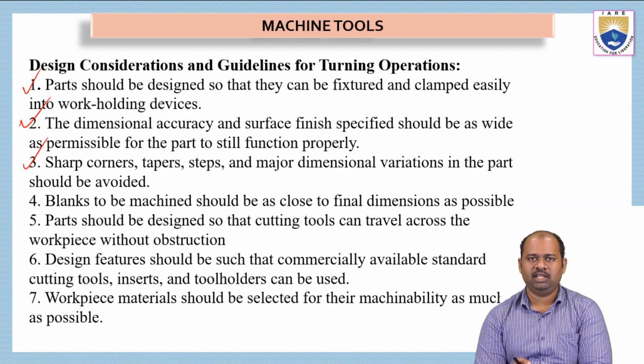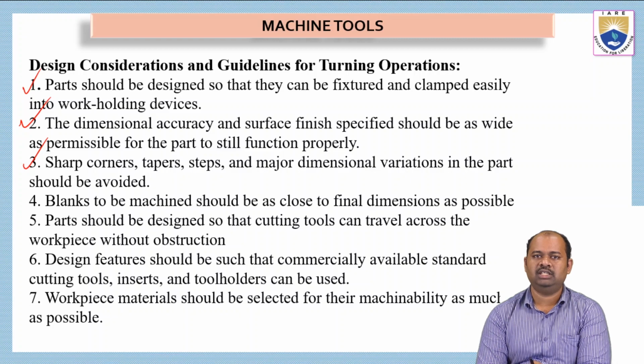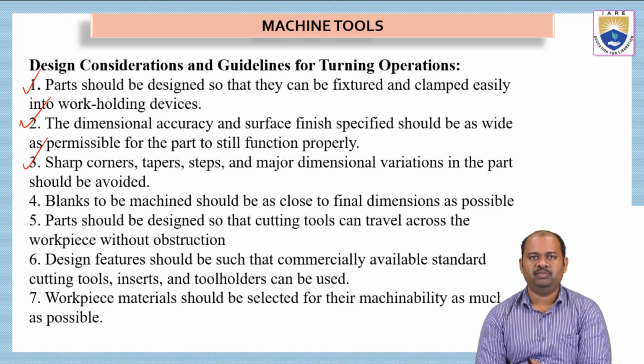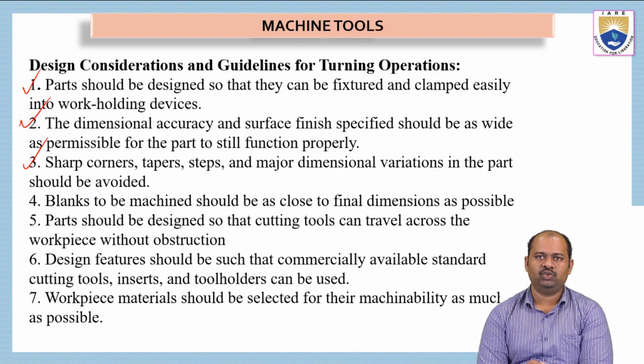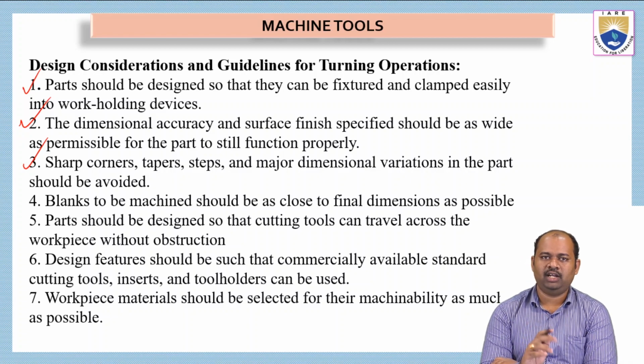If we make the design more complicated, we cannot use the lathe machine. We have to go for other machines like CNC machines which will prepare the object depending on the particular design. And then blanks to be machined should be as close to the final dimensions as possible. So whenever we are machining a workpiece, it should be machined as close as possible to the final dimensions.